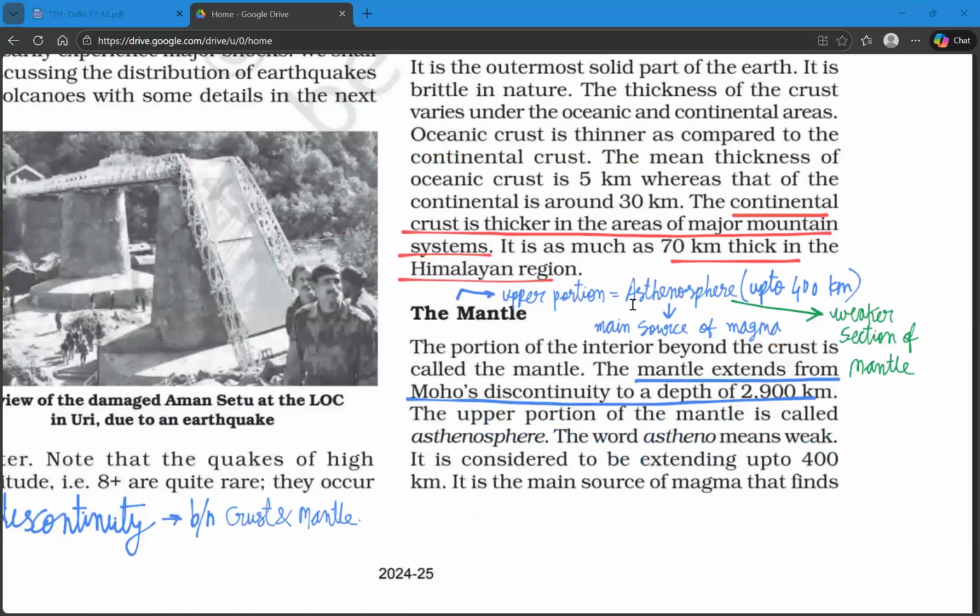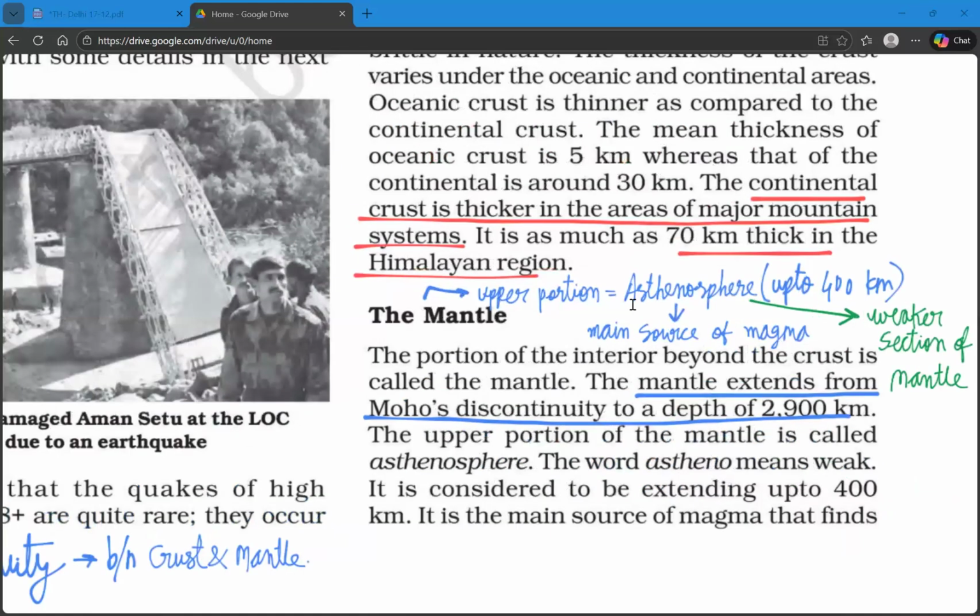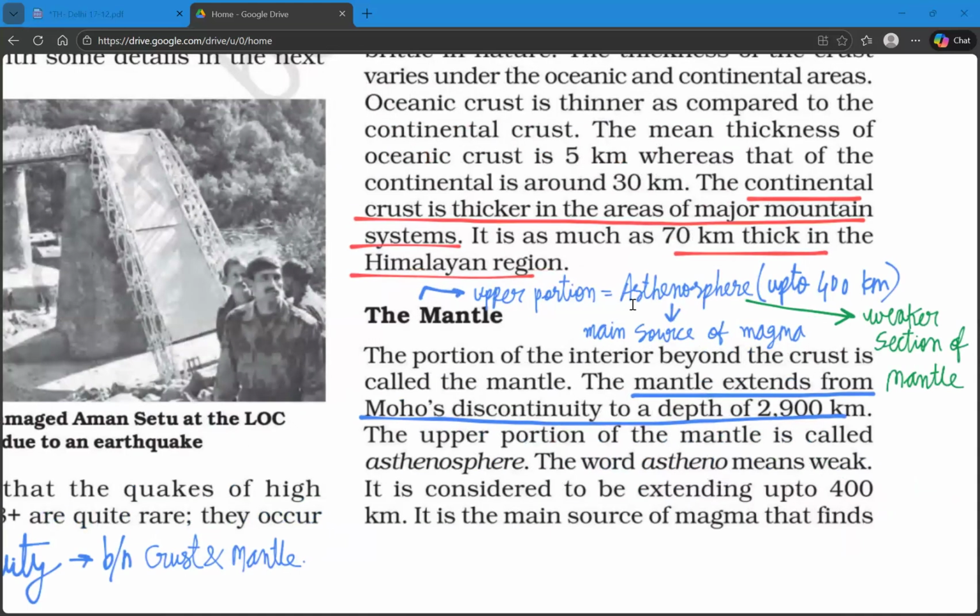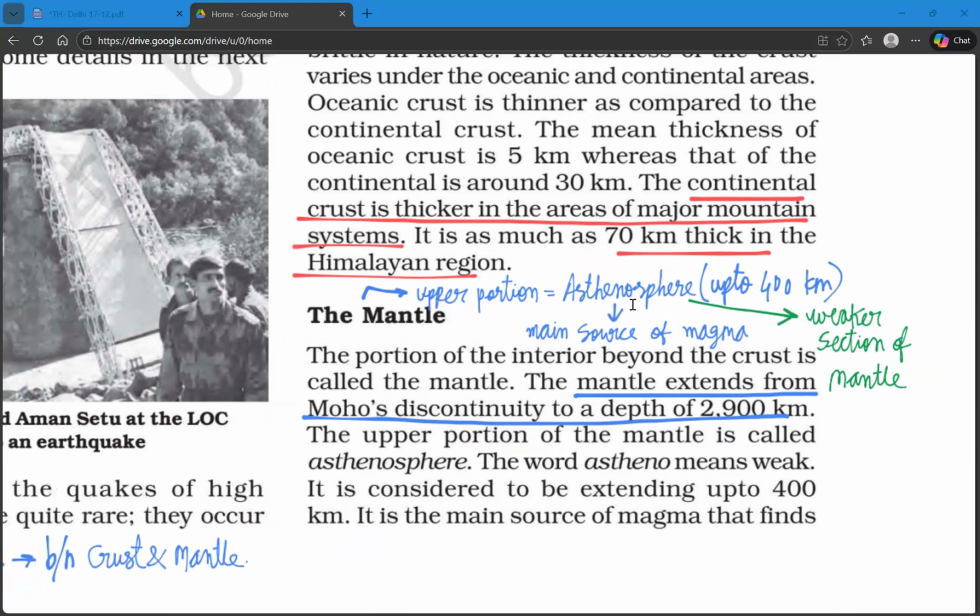And then next that comes under the crust is the mantle. The portion of the interior beyond the crust is called the mantle. The mantle extends from Moho's discontinuity to a depth of 2,900 kilometers. The upper portion of the mantle is called asthenosphere. The word astheno means weak. It is considered to be extending up to 400 kilometers.